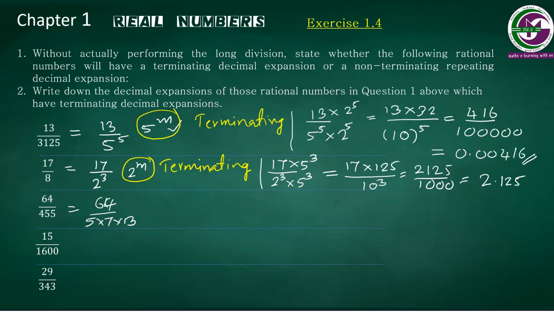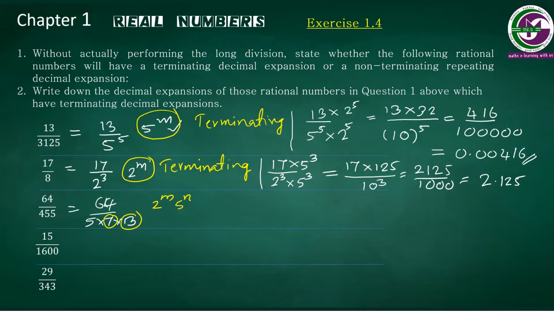And the denominator is not in the form of 2 raised to m, 5 raised to n. So there are numbers other than 5 and 2. You can see 7 is a factor and 13 is a factor, and they are not common in the numerator and denominator. 64 is not a multiple of 7, and 64 is not a multiple of 13. You cannot cancel out.